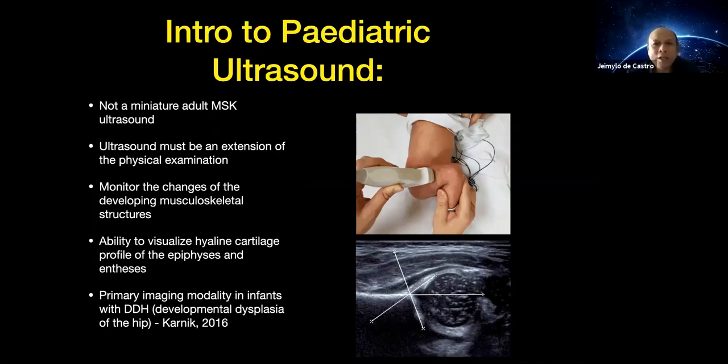But this is also an extension of the physical examination. Whatever physical examination we've done and we have questions about, we can use this as an extension of our examination.